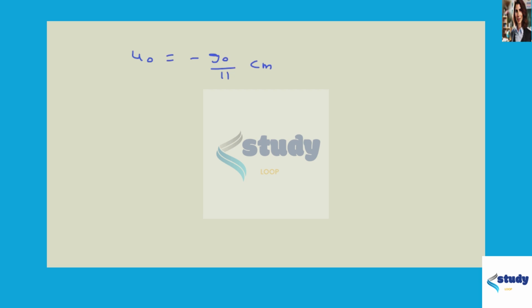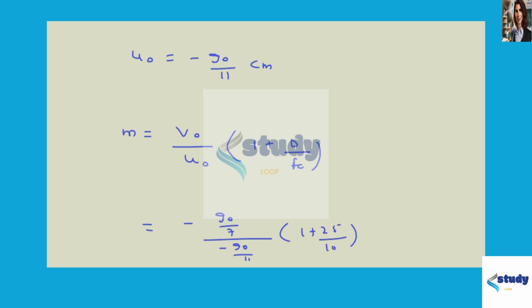Magnification of the compound microscope is equal to V naught by U naught multiplied by 1 plus D by Fe, which is equal to minus 90 by 7 by minus 90 by 11 multiplied by 1 plus 25 by 10.